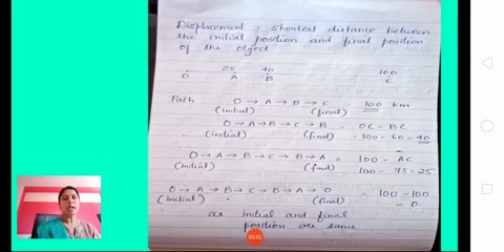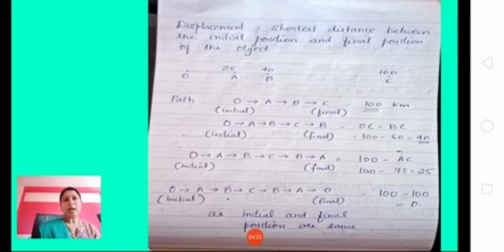Now let us take another case where the object has travelled from O to C and now it is returning back to the point B, and it is stopping at B. So the initial position was O and the final position is B. The distance between O and B is 40 kilometers. So here the displacement is 40 kilometers.